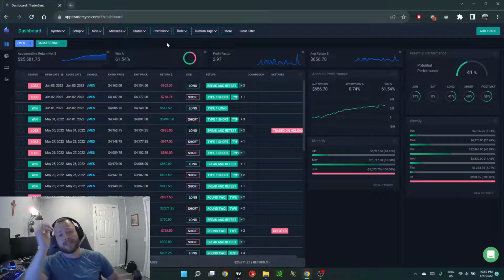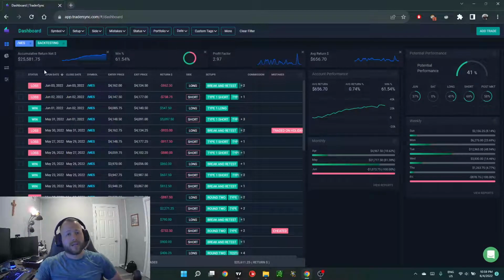Finishing up this backtest and seeing the win rate, seeing the profit potential, seeing how well the math works out when you get those type 2 wins, that's really encouraging, really exciting.